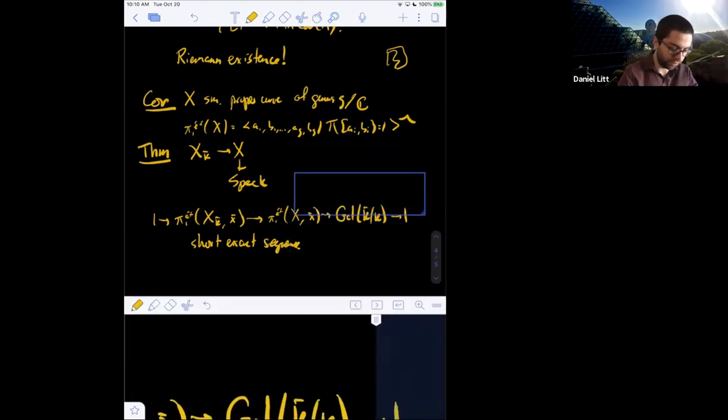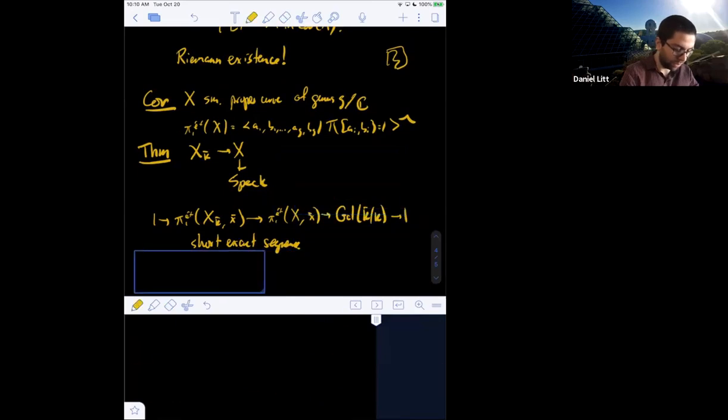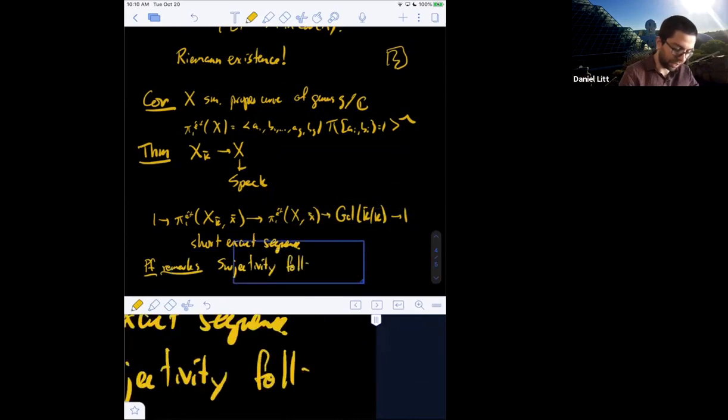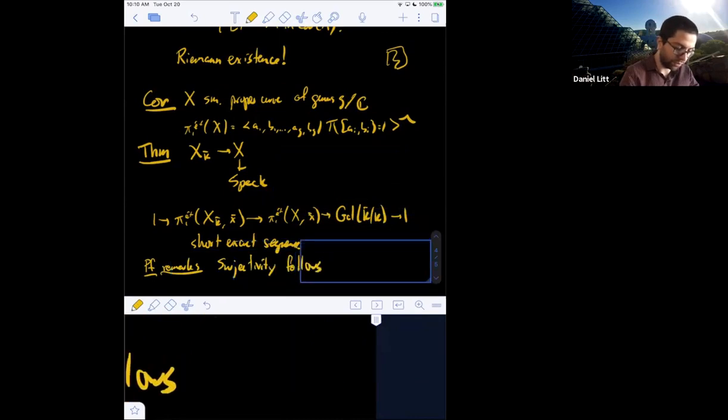So, proof remarks: surjectivity follows from geometric connectedness of X, which followed from the running assumption that X was a variety.